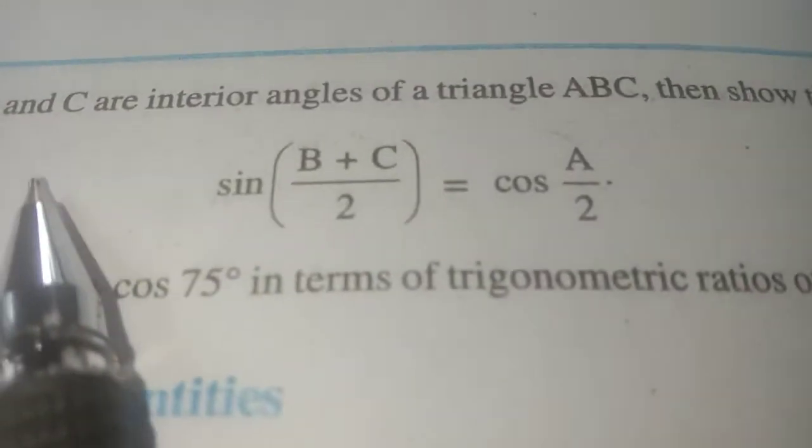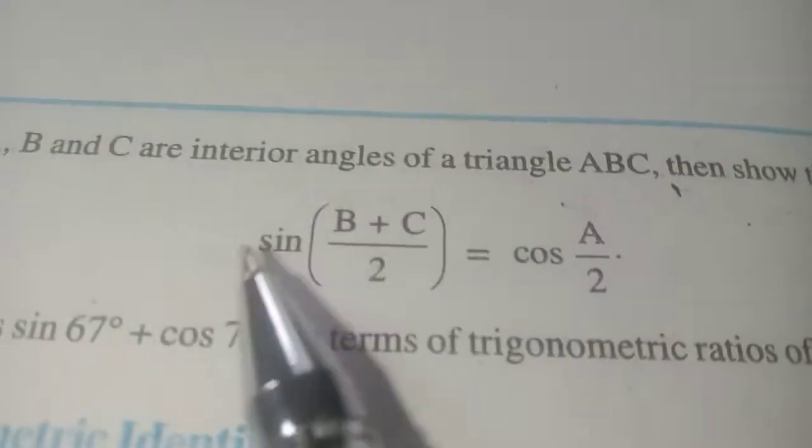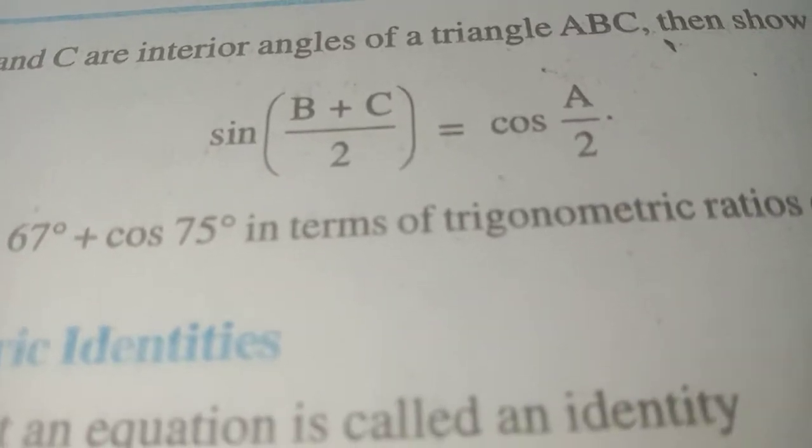Now the next one can be a 2 or 3 mark question. It is given as, if A, B and C are interior angles of triangle ABC, then prove that sin (B plus C) upon 2 is equal to cos A by 2. Clear? So for that, let me take a new page first.